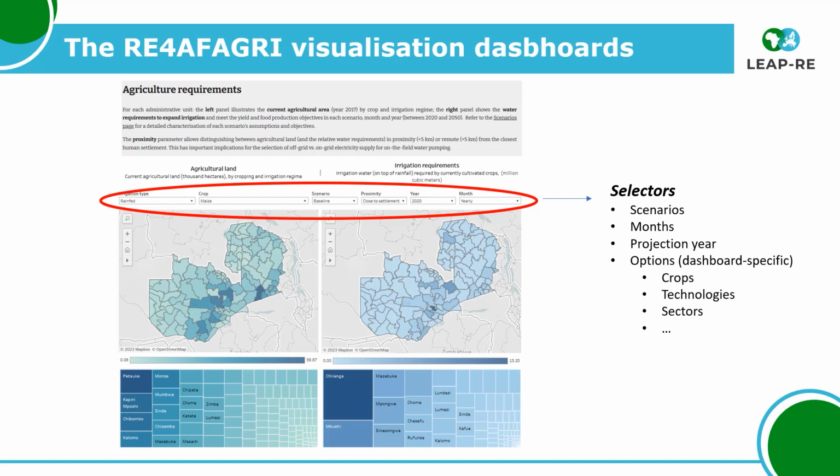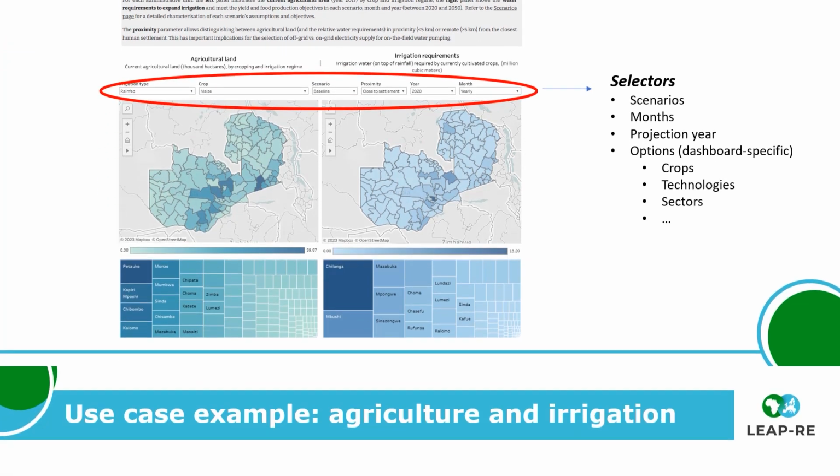In general, 2 different variables are shown side by side to highlight the interdependencies. For instance, here we are showing on the left-hand side the agricultural land, in this example for rain-fed maize, while on the right-hand side we can see the related irrigation requirements to close the irrigation gap and improve the yield of maize in the country of Zambia.